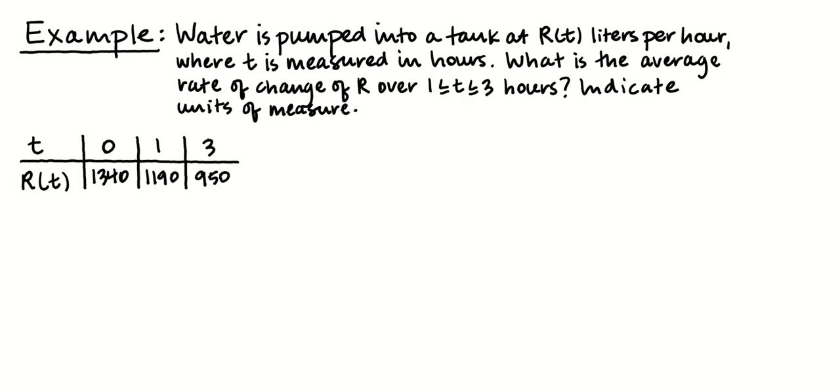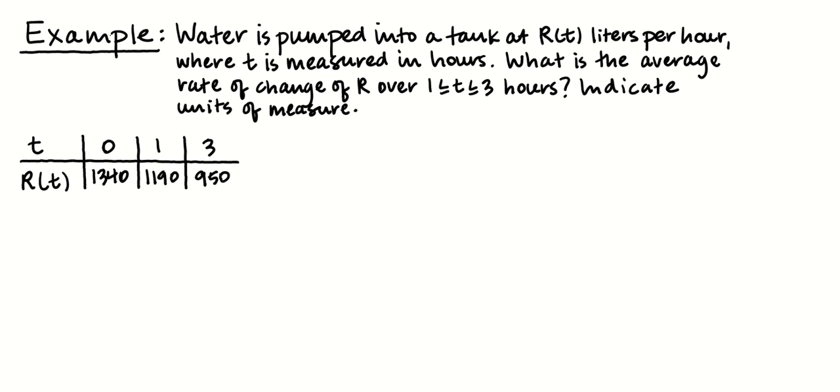So, for example, water is pumped into a tank at a rate of R of t liters per hour, where t is measured in hours. What is the average rate of change of R over the closed time interval 1 to 3 hours?